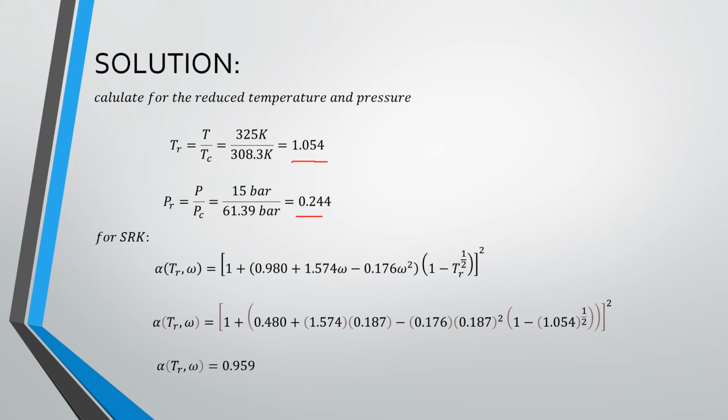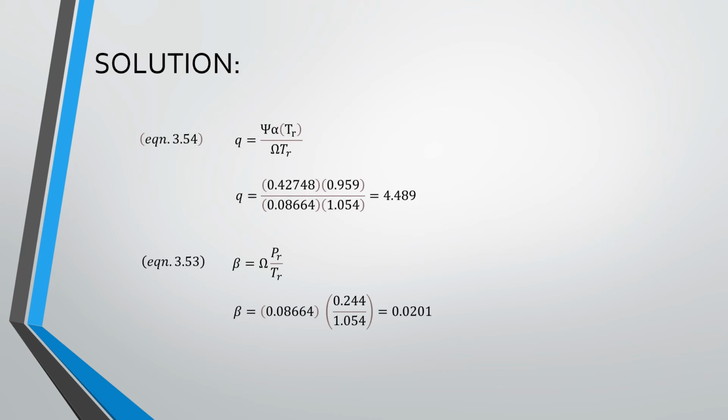Also, we need to solve for the alpha to be used in the SRK equation of state. Plugging all the known values, we get an alpha of 0.959. Next, we calculate for Q and beta.